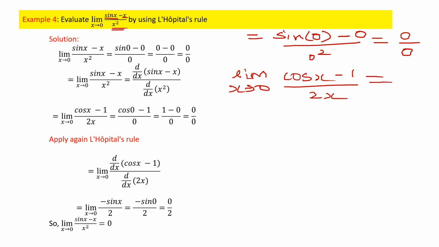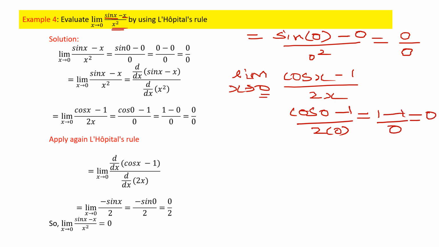After differentiation we have to replace x by 0. So we have cosine 0 minus 1 divided by 2 times 0. Cosine 0 is 1. So we'll have 1 minus 1 divided by 0.